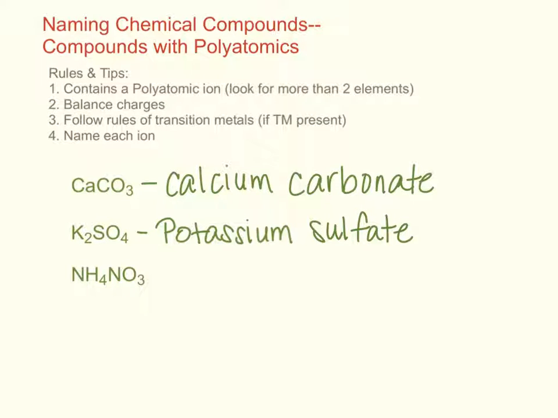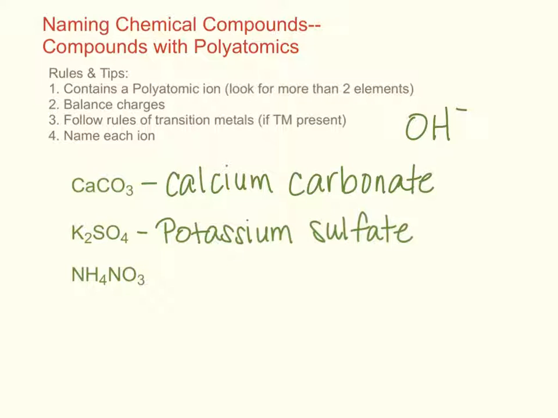And most of your polyatomics are actually going to end with ate or ite. There is one, hydroxide, that ends with ide, so be careful with that one. It doesn't sound like a normal polyatomic, but OH minus 1 is a polyatomic, and it's hydroxide. So just be aware of that one.